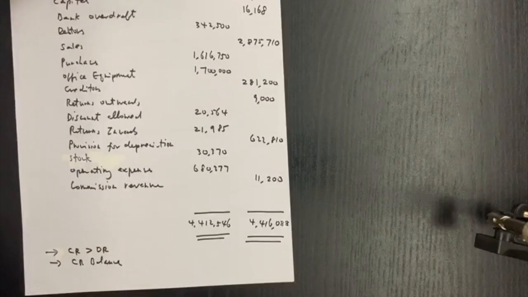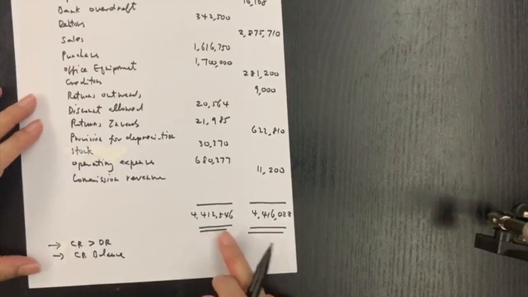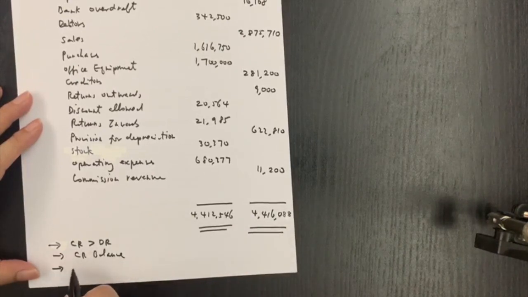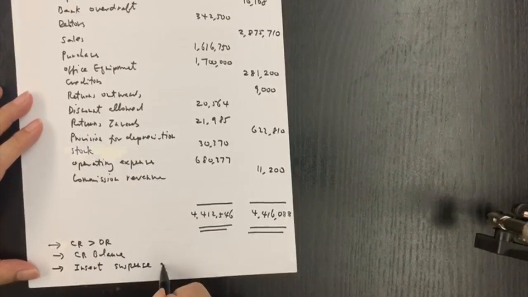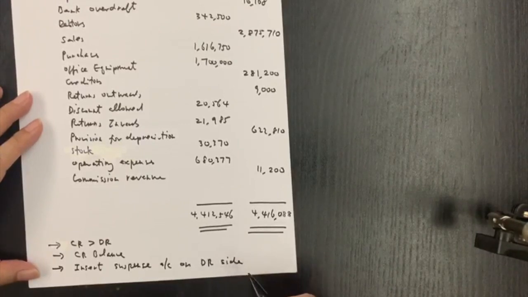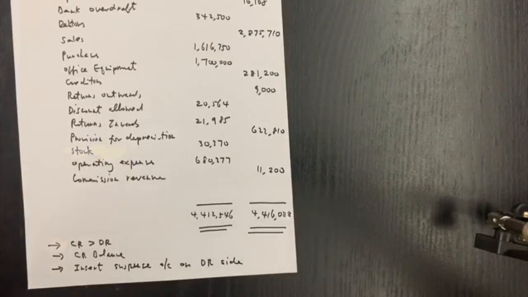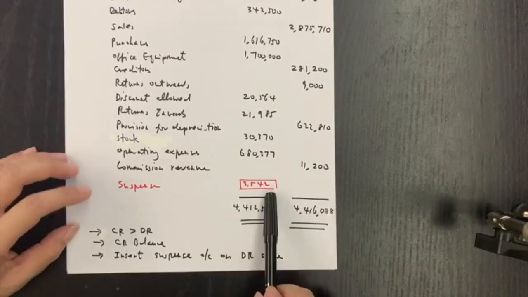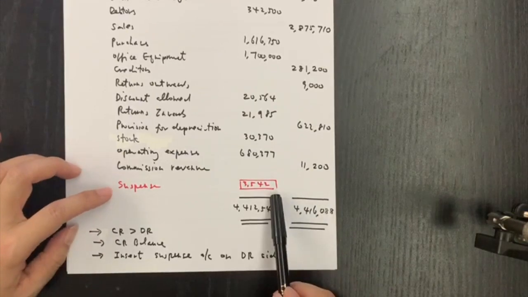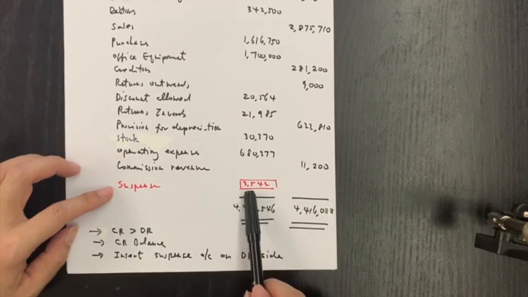All right, so before we find out the mistake, it is not comfortable to have different figures in the trial balance. So therefore, we have to insert a suspense account on the smaller side, which is the debit side, to equalize the debit side and credit side before we find out the mistake. Okay, since we have a credit balance in the trial balance, that means the credit side is bigger. Now I insert the difference, 3,542.